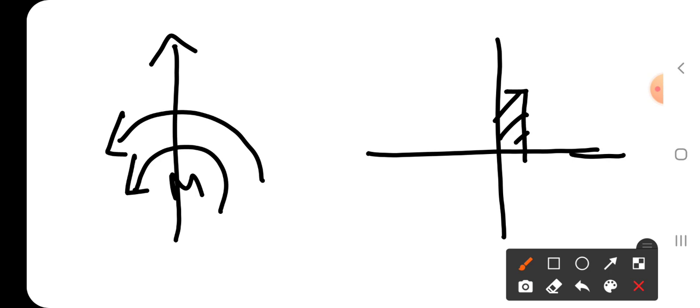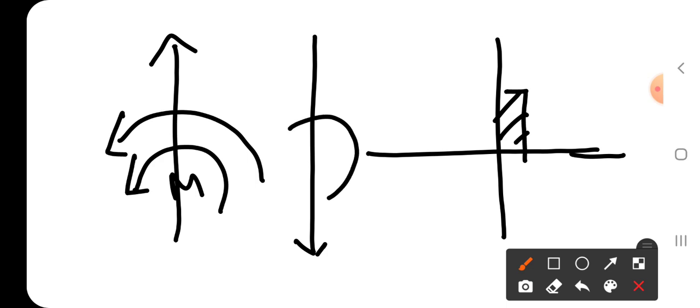Now suppose the lift has to come down. In which direction does the motor have to rotate? The motor has to rotate like this, but the torque is still in the same direction.